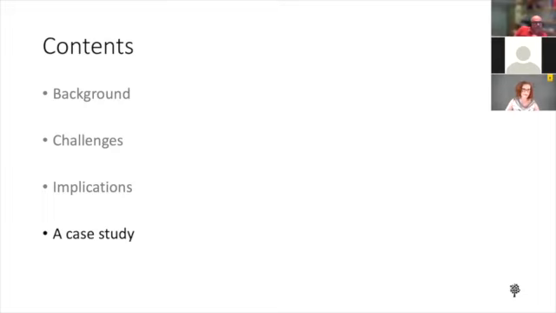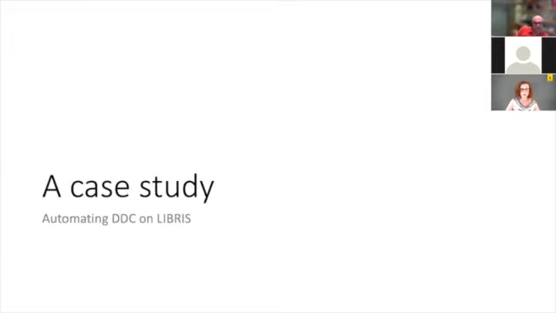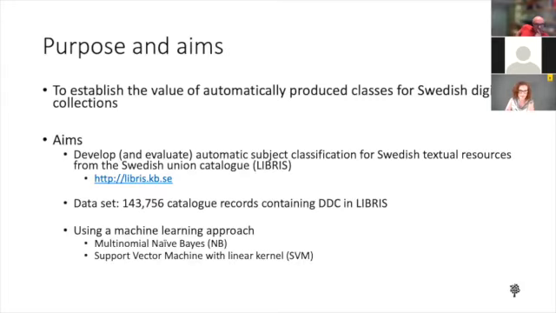Now, let's finish this talk by looking at a case study, which really looked at the Swedish Union catalog records and tried to generate automatically created Dewey Decimal Classification classes. The ultimate purpose of this research is to establish the value of automatically produced classes for Swedish digital collections.